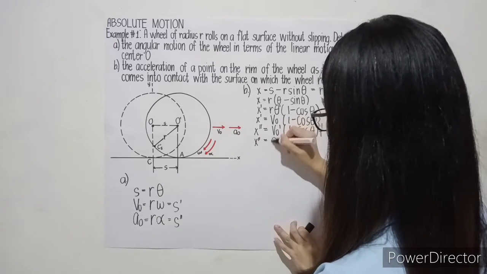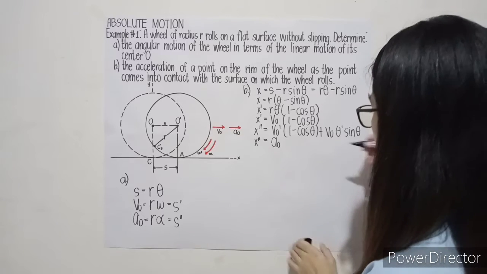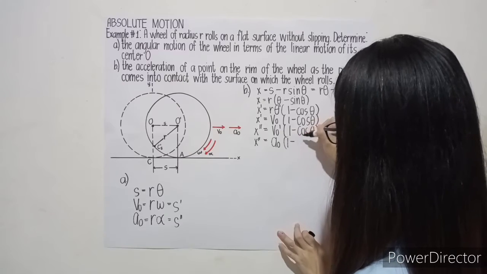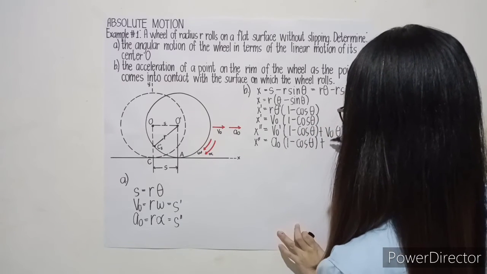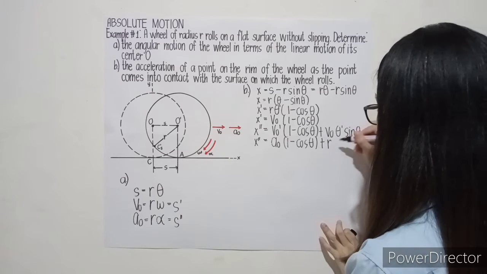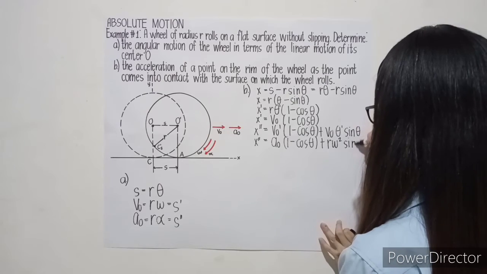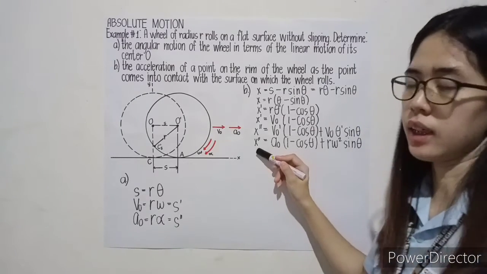And then x double prime, the acceleration at point O, times 1 minus cosine theta plus r times angular velocity squared times sine theta. So this is for coordinate x.